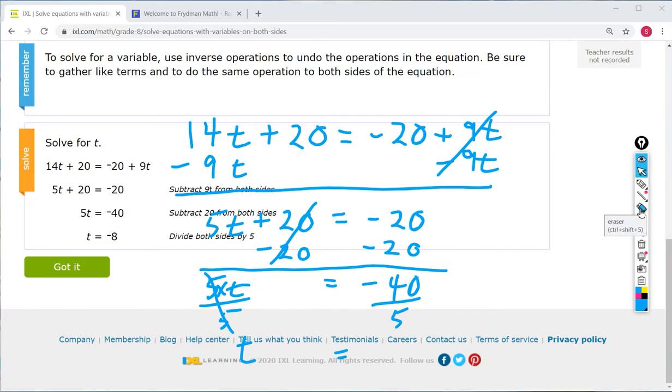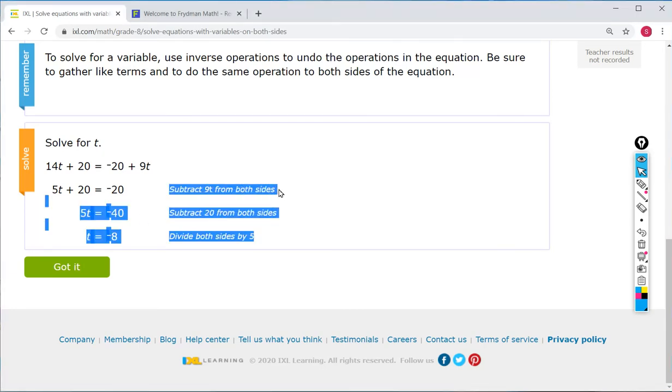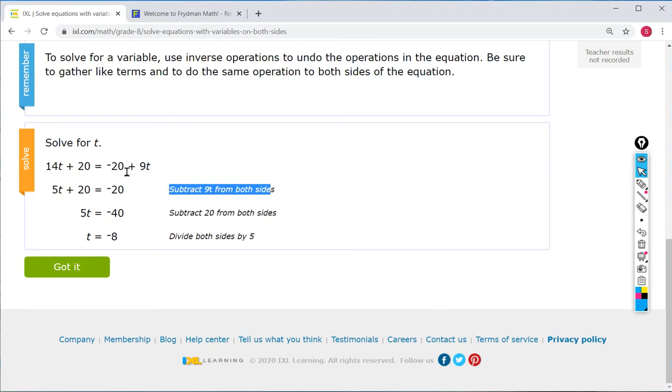So whatever you see written over here, that's how they got from the previous line to that line. So subtract 9t from both sides, that's how they got from this previous line down to this line that's right next to the words there.